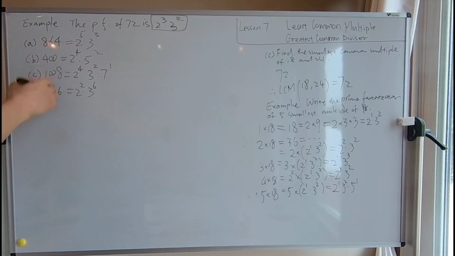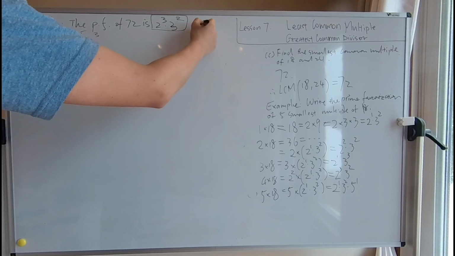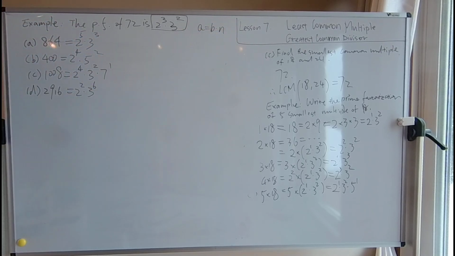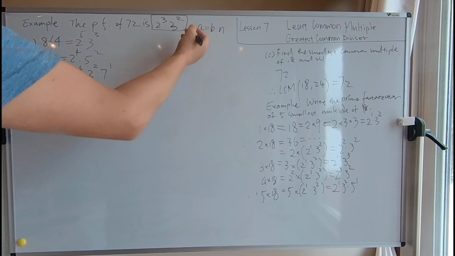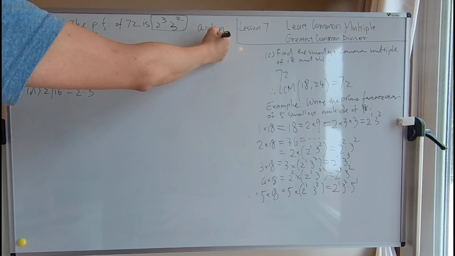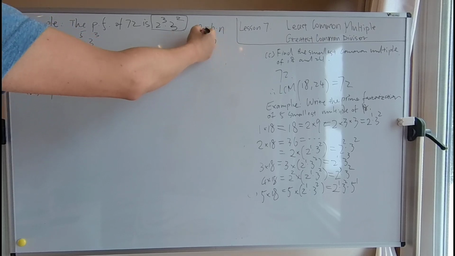So the first one, we know that the prime factorization of 72 is given here. We want to check these numbers one by one to see if each is a multiple of 72. Recall that when a number is a multiple of another number, it can be written in this way. So basically, all the factors from number b should also exist in number a.